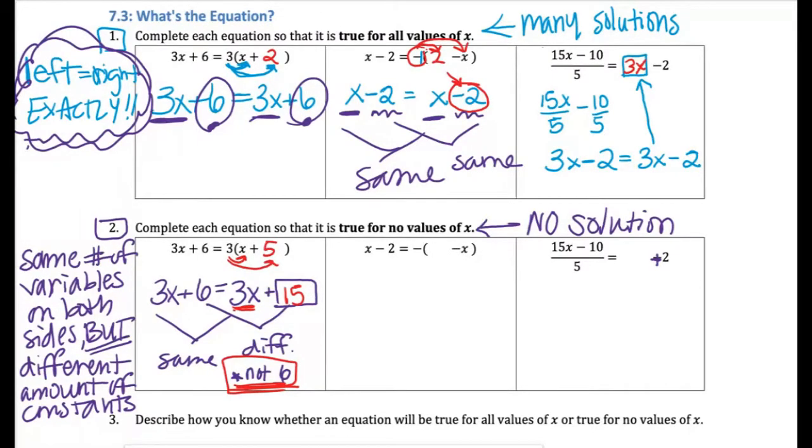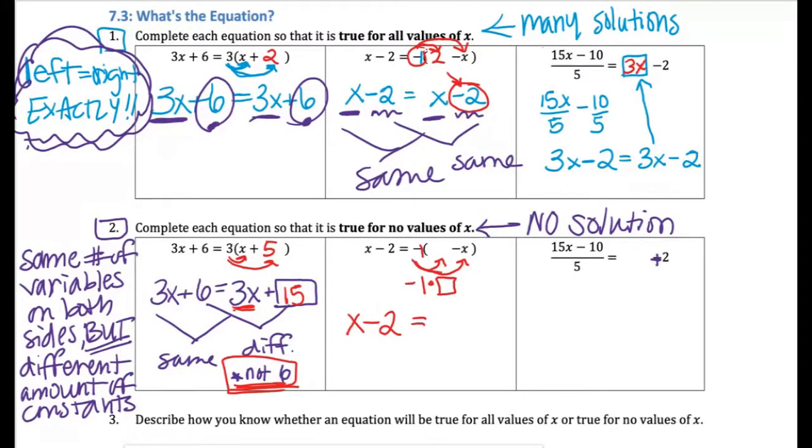Okay, let's take a look at the next one. So I have x minus 2 on the left. And if we look at the right, when you see the negative sign in front of the parenthesis, there's really a 1 there. So we're going to distribute this -1. So I'm going to get -1 times something.